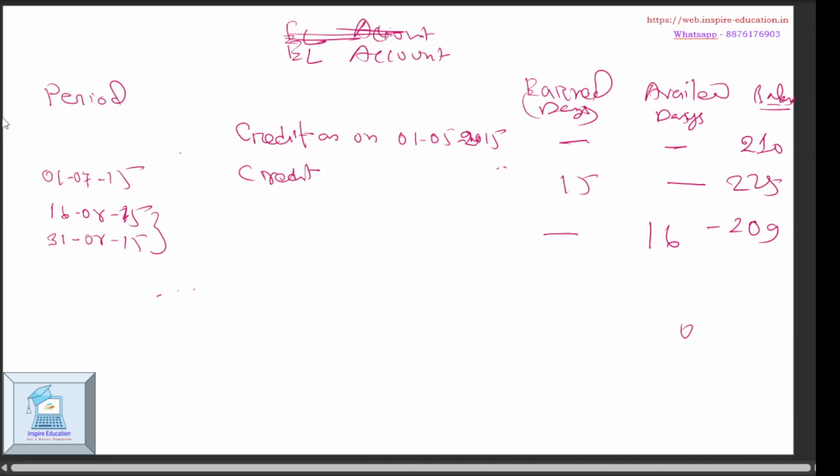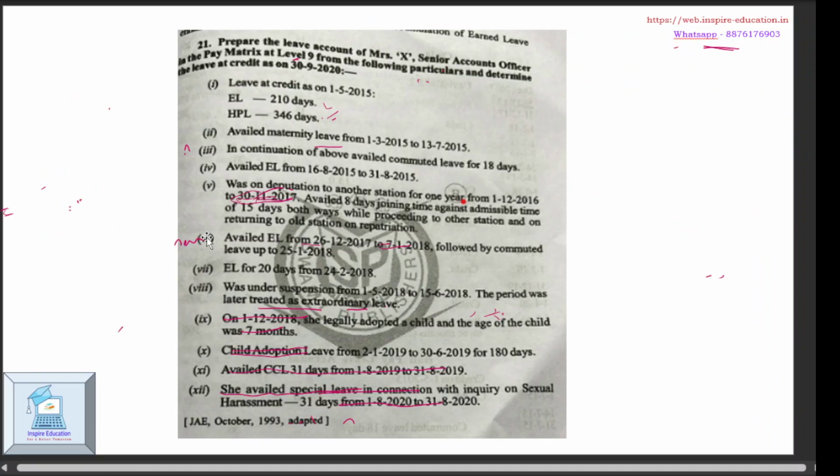And then let us go and see what happens with EL account later. After that, on deputation, that means on 1/12/2016, on December 2016 he will be getting 7 days credit of JT, because instead of 15 days he has taken only 8 days.